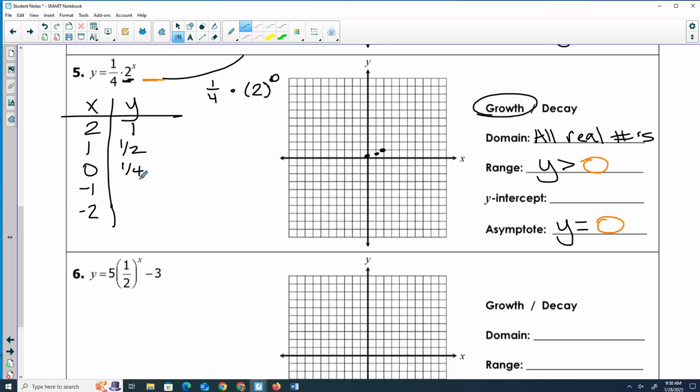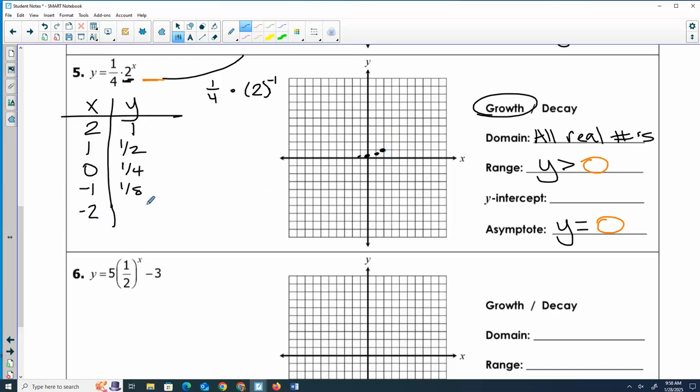Okay, if I put in -1, 1/4 times 2 to the -1. 1/8. This one's giving us really small numbers, isn't it?